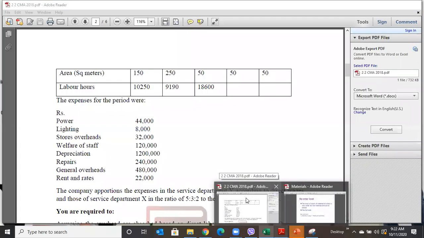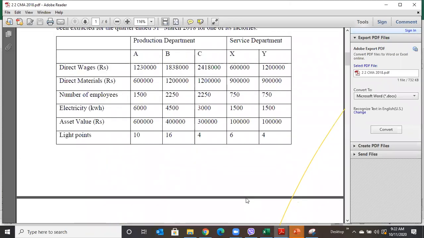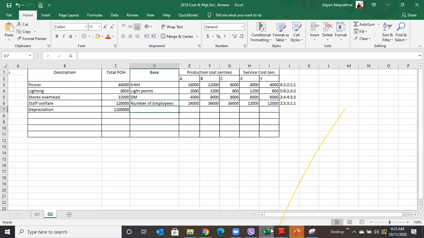Assets value. Yeah, we have been given assets value. We can use that. Tell me the ratio. 6, 4, 3, 1, 1. Total 15.